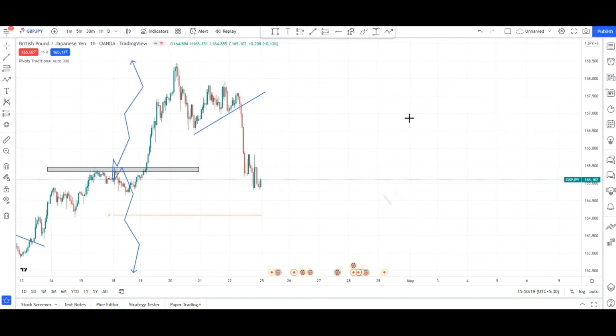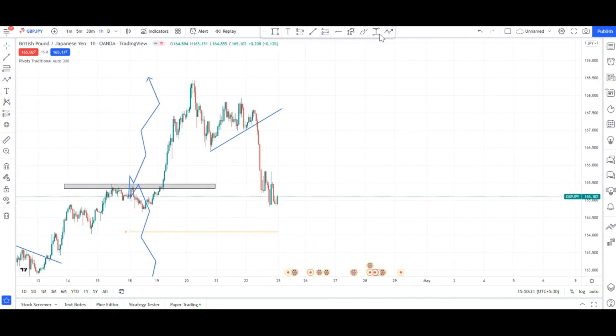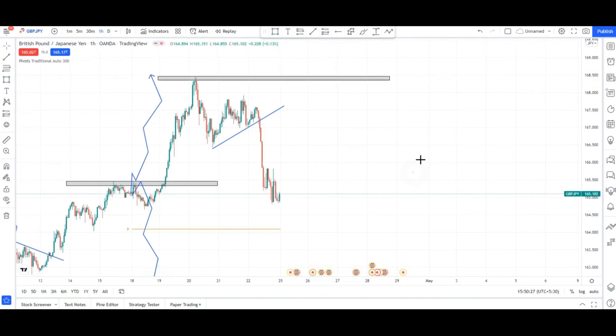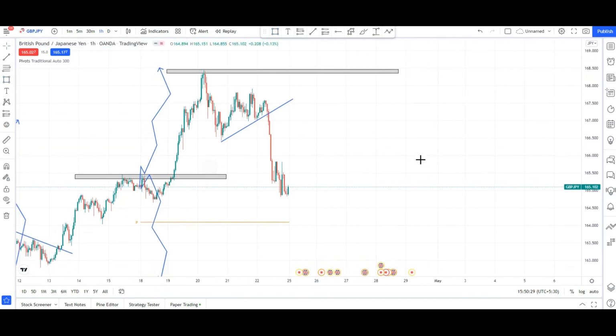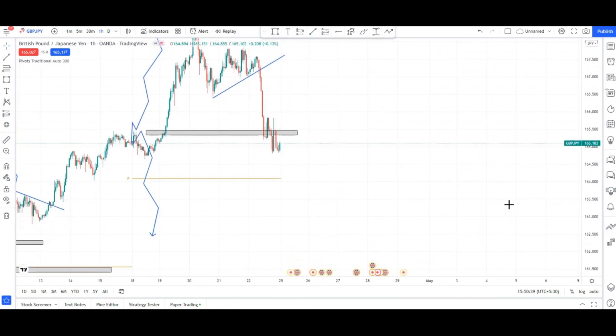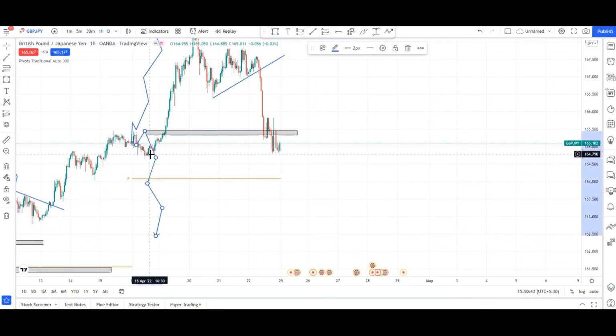We can see GBP versus Japanese yen, exactly I have told you here only it may reverse. After that it is acting as a resistance right now. So I will just shift it here. Okay guys, so right now we are seeing that it is acting as a resistance. I will not do anything, I will just shift it.